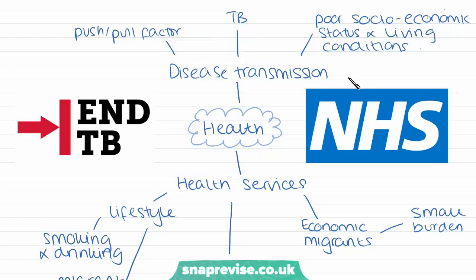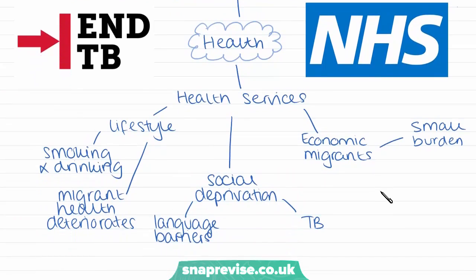However, reports also suggest that this has been exacerbated by poorer socioeconomic status and living conditions of the migrants in the UK, and this is leading to the spread of tuberculosis as well. And it's really led to the gradual re-emergence of tuberculosis as a public health problem in the UK, when it was previously thought that it had almost been eradicated.